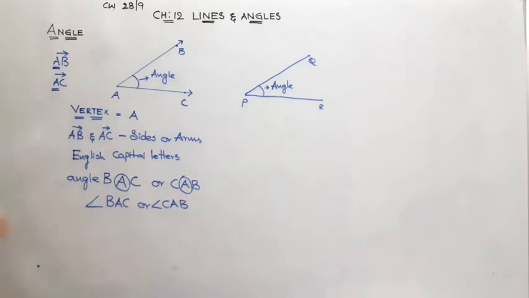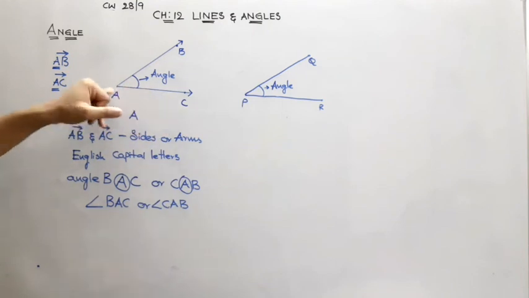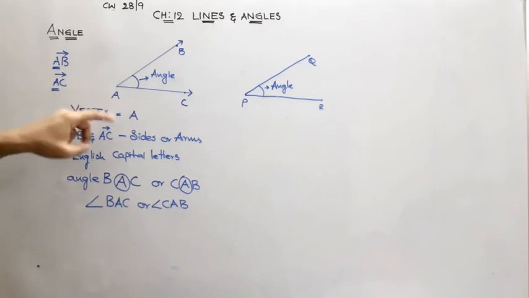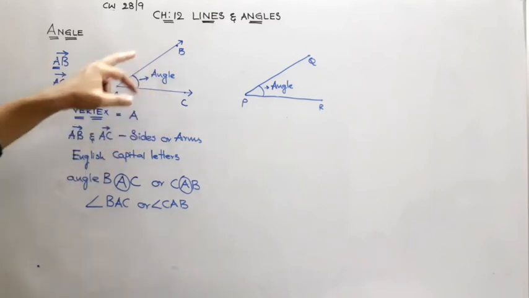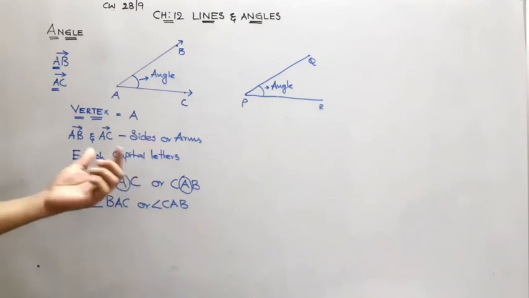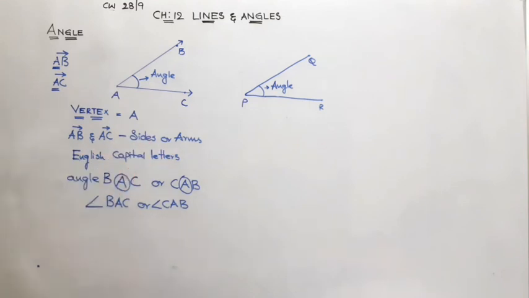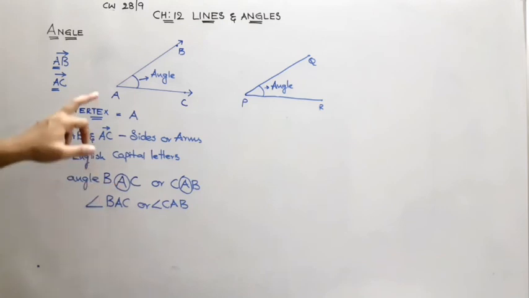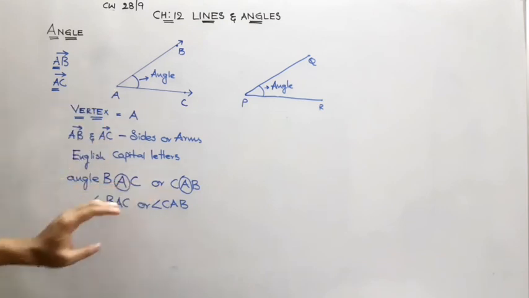This is how we have to represent an angle. So, an angle is a figure formed using two rays of the same initial point or same vertex. That initial point we call the vertex and the individual sides we call sides or arms of the angle. The way we spell it is angle BAC or angle CAB, in which the common initial point is always in the middle. The symbolic representation for an angle is the angle symbol followed by BAC or CAB.